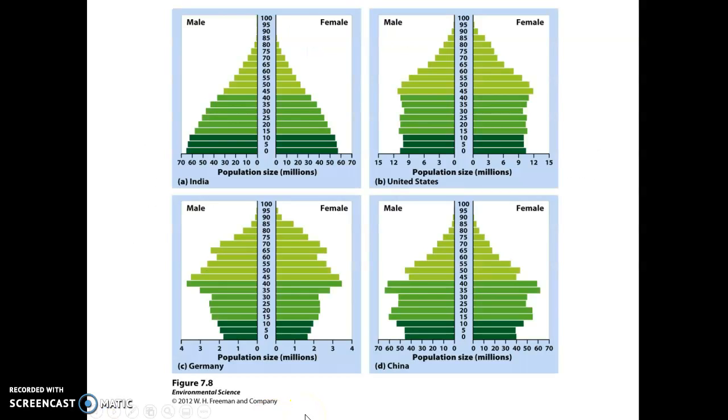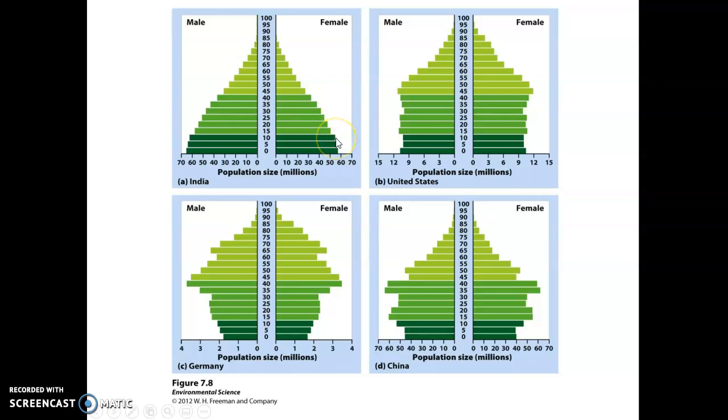So we have 4 sample countries here, beginning with India, the United States, then Germany, and China. So India's population size in millions, on the left side of the graph are the males, and the right side of the graph are females. And you see the age range from 0 to about 100 here. Now, notice there are 3 different colors, the light green, medium, and dark green.